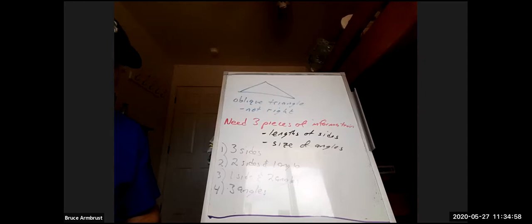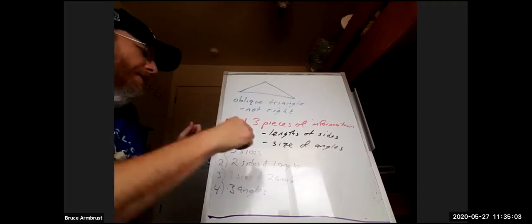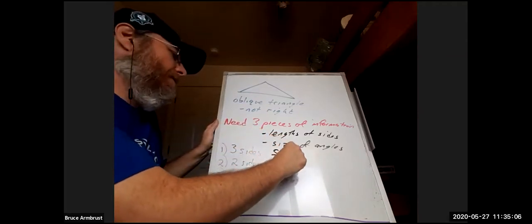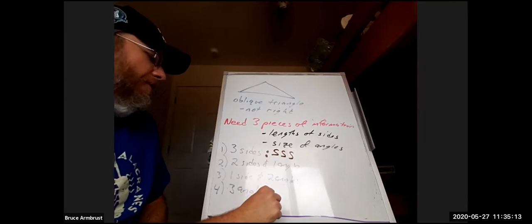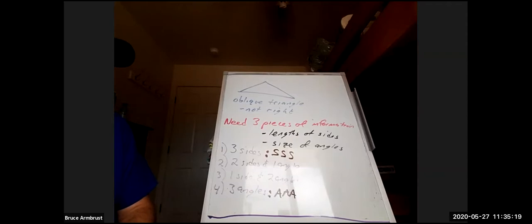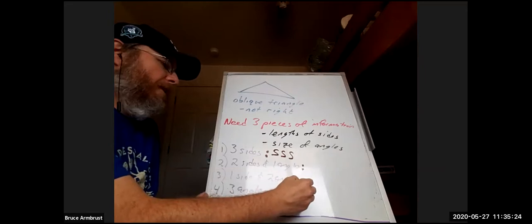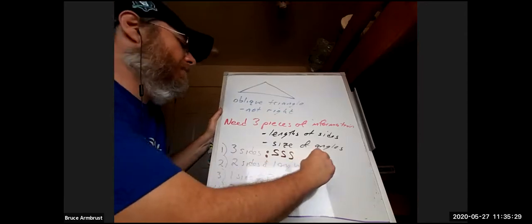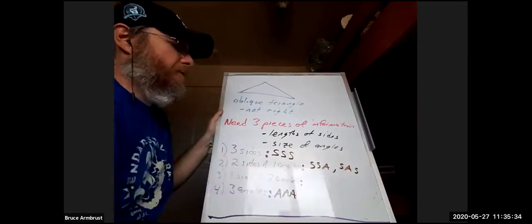Now mathematicians, of course, we're all about shorthand. So if you give me 3 sides, we're going to write that as SSS. Side, side, side. Similarly, 3 angles will be AAA. For the others, where we have 2 of one and 1 of the other, there are actually 2 forms of these. With 2 sides and an angle, we could have side, side, angle, and the other is side, angle, side.